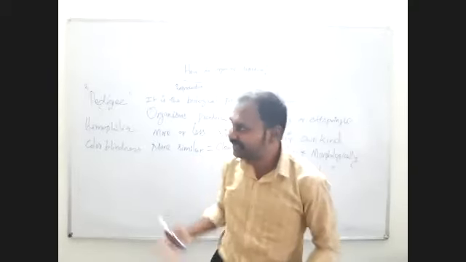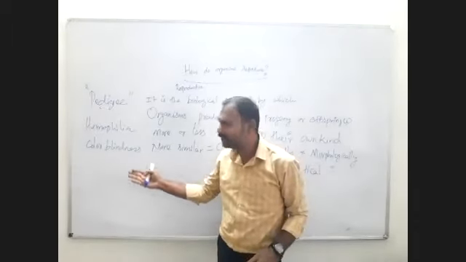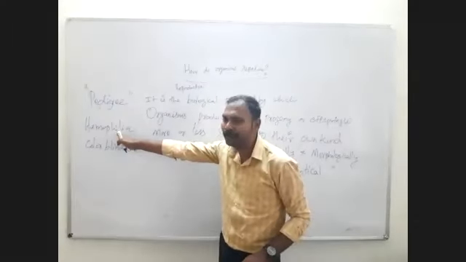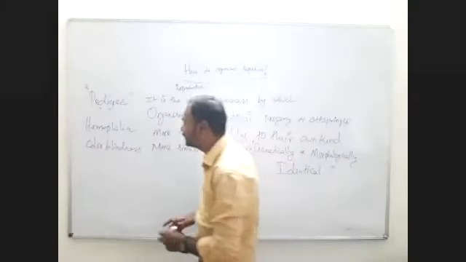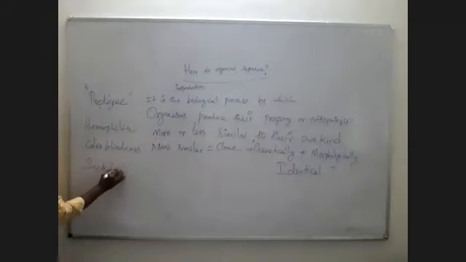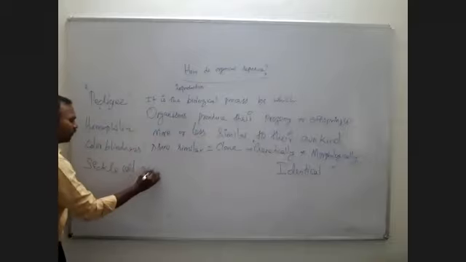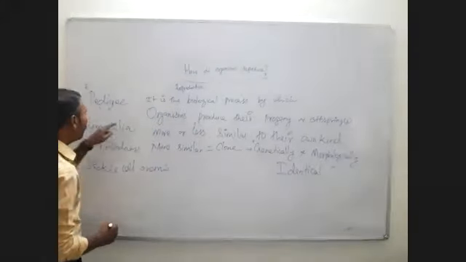But these other diseases are purely because of genes. No other environmental factors play a crucial role. For example, hemophilia, color blindness, sickle cell anemia. Have you heard about these diseases? Hemophilia means what?